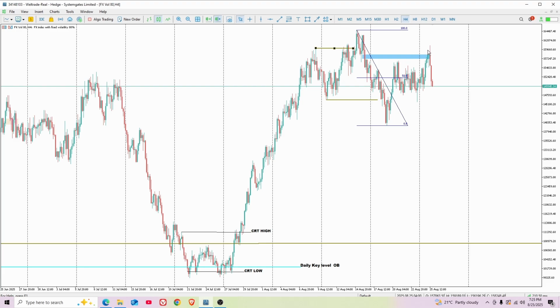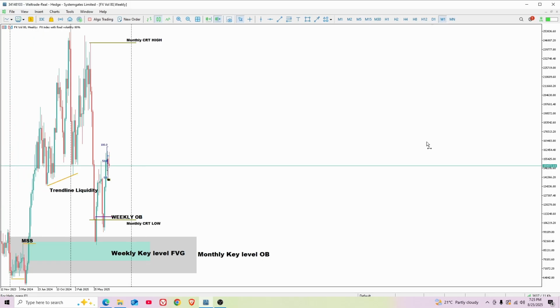We're in premium. We're going into discount. I'm looking for the market to come and take out these lows, right? Then retrace back into some premium area, maybe a fair value gap, an order block. Then I'll be selling into our discount area.